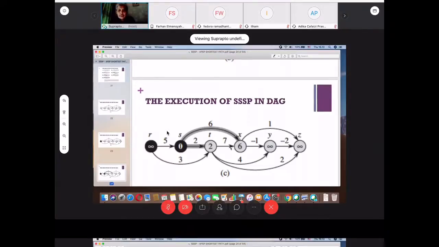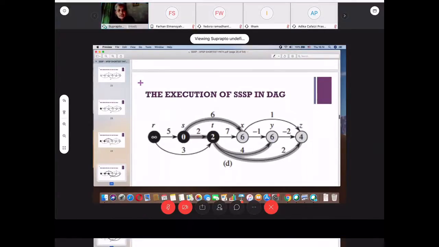So in this case, there are 2 paths going to X from S. One is the path directly from S to X with a weight of 6, and the second is the one through T, right? Through T with a weight of 2 plus 7, which is 9, right? And 9 is greater than 6, so 6 is still the selected one.